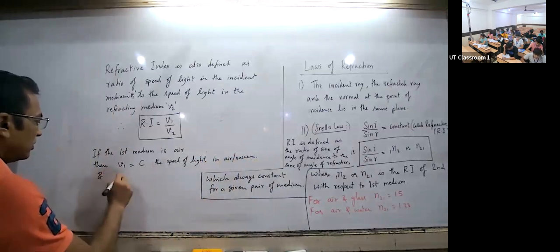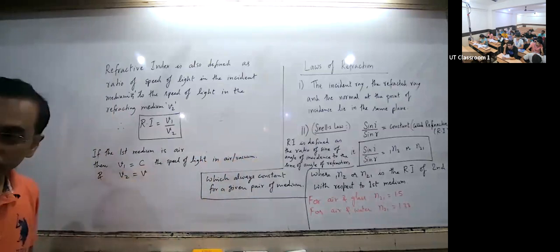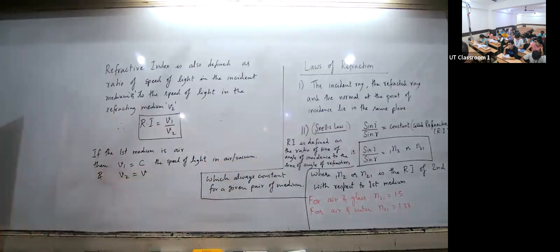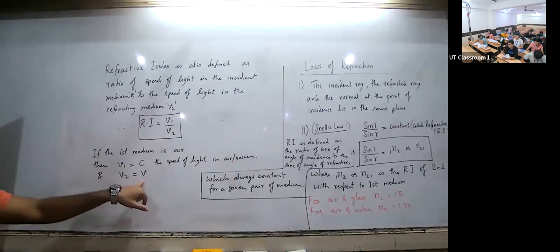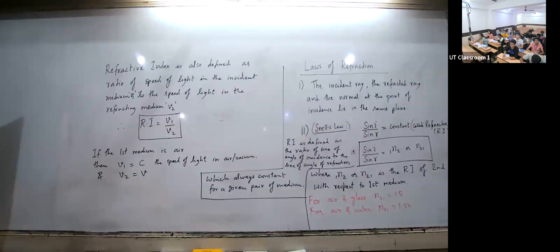And V2 we just write as V. Okay. So C and V. What is V2? V2 is the speed of light in the second medium. Right.